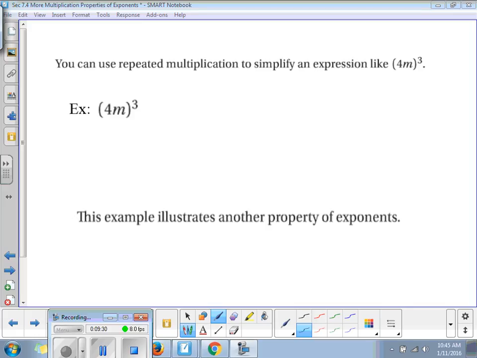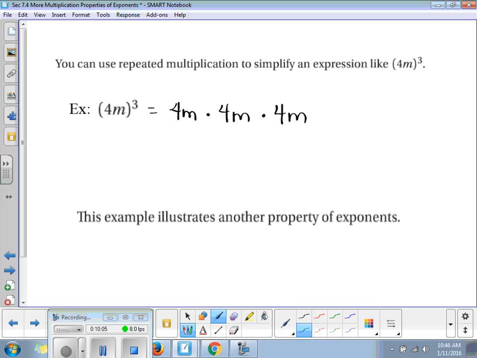All right. So here you can use repeated multiplication to simplify an expression like 4m to the 3rd power. Here, this is a product, because you're multiplying in the parentheses, a product raised to a power, okay? So if I expand this out, this is going to be 4m times 4m times 4m times 4m.